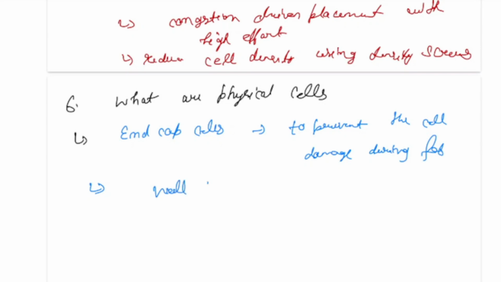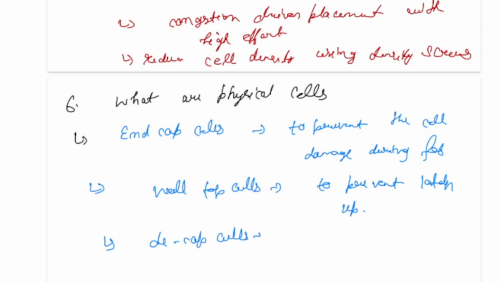Well tap cell, to prevent latch-up. Decap cells are used to prevent dynamic IR drop.